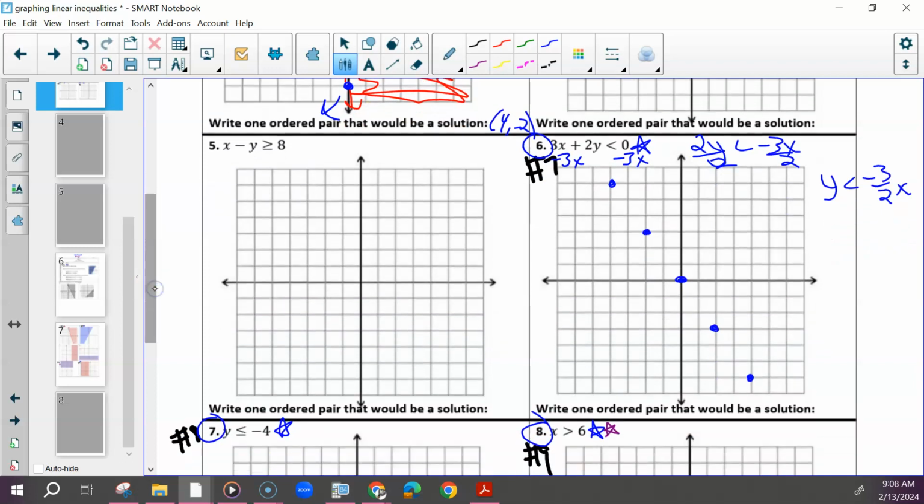Would this be dashed or solid? Dash. And shaded above or below?